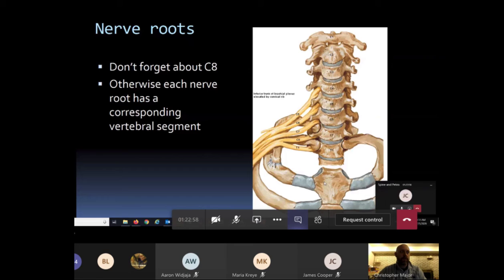If you have a disc herniation at C4-5, between C4 and C5 you've got the C4-5 disc and the C4-5 IVF, and if you know that the C5 nerve root exits at that IVF, a disc herniation of C4-5 will most likely affect the C5 nerve root, if anything.